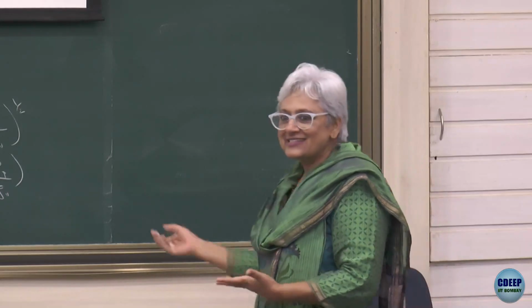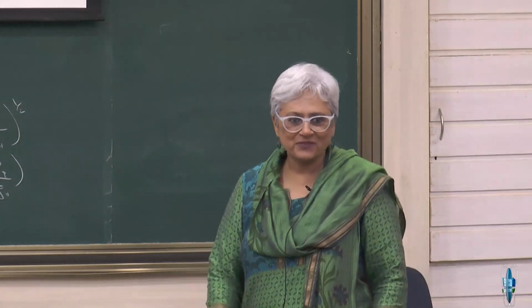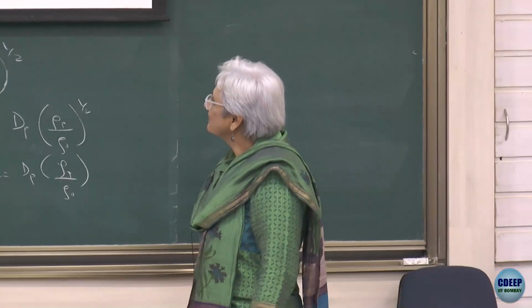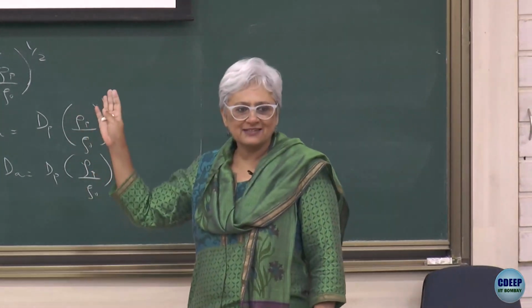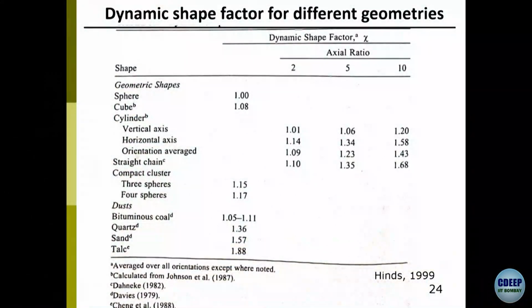And so indeed it's somewhat different from a macroscopic kind of idea of what happens to particles. But yeah, you have this idea then that you have orientation averaging, which becomes important.